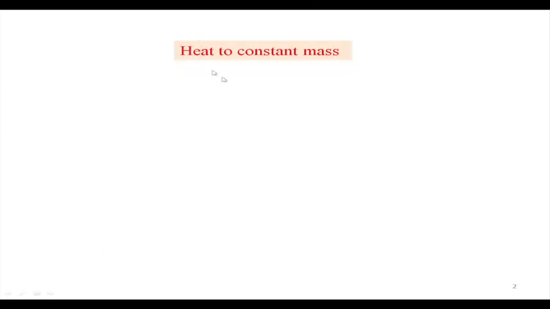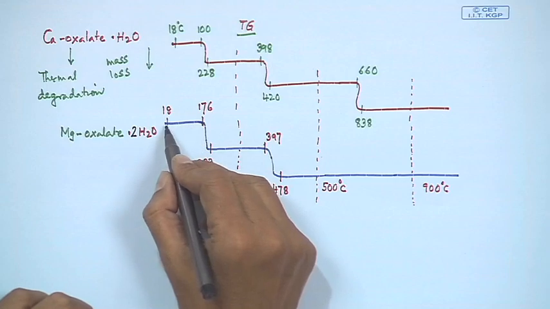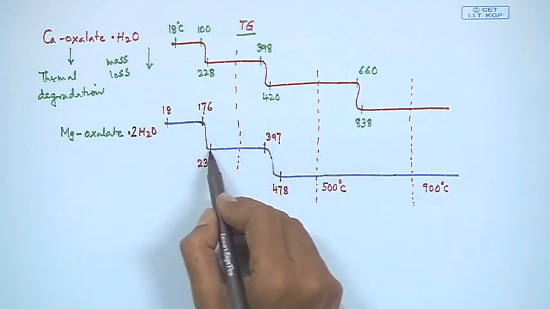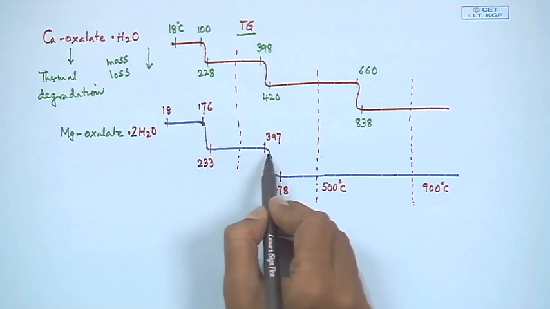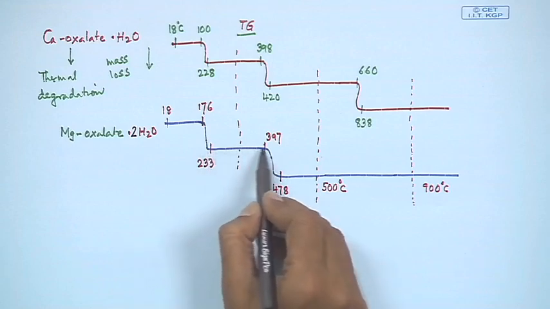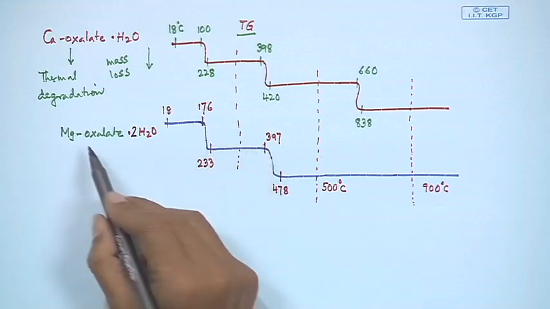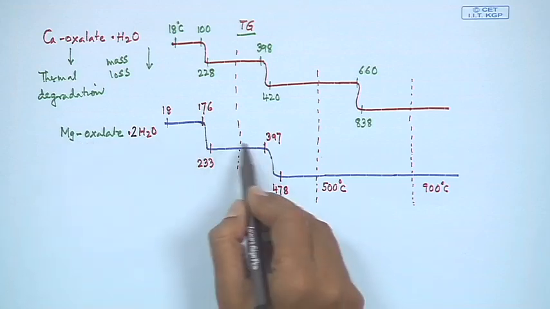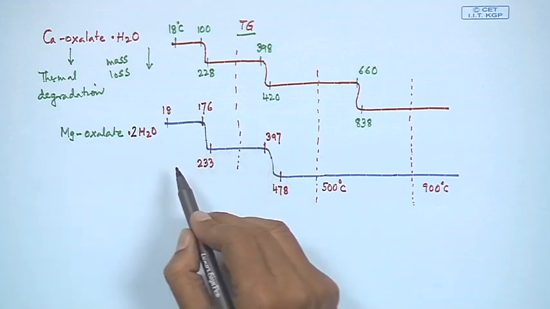We are giving heat to the sample to get some constant mass, and this constant mass is also an important terminology over here: in which particular range can you have a constant mass? If we have a constant mass in this particular range of 18 to 176, then a constant mass within the range of 233 to 397, that means whatever sample is formed as compound B coming from magnesium oxalate is stable in this particular temperature range.